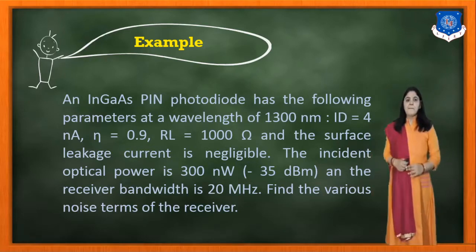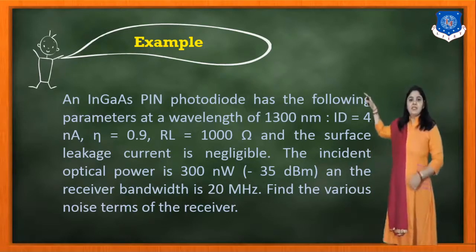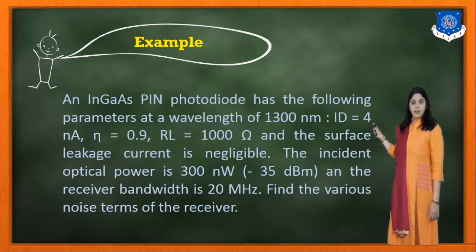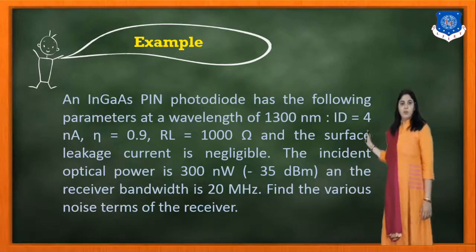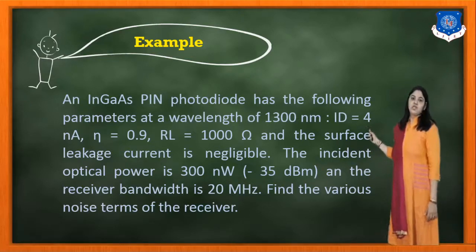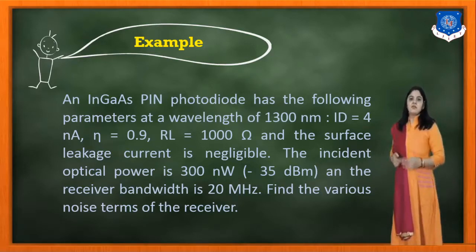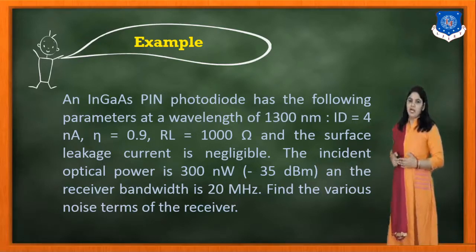The title of the example: an InGaAs PIN photodiode has the following parameters at the wavelength of 1300 nanometer, where ID is equal to 4 nanoampere, eta is equal to 0.9, RL is equal to 1000 ohm, and the surface leakage current is negligible. The incident optical power is 300 nanowatt, that is minus 35 dBm, and the receiver bandwidth is 20 megahertz.